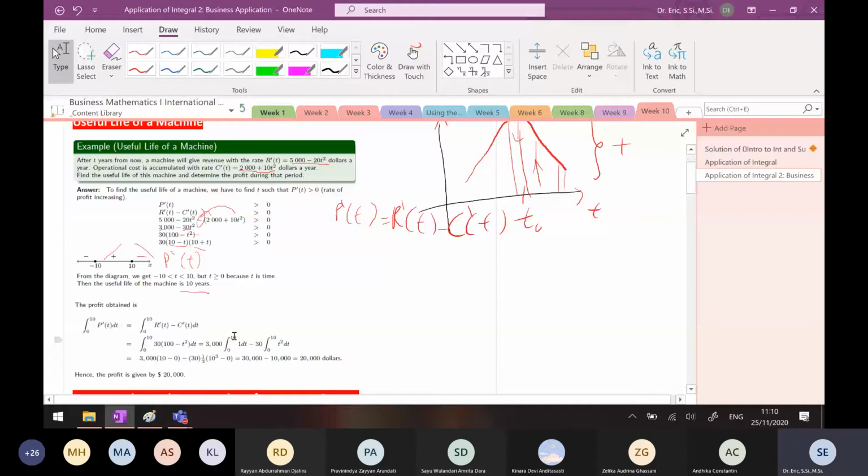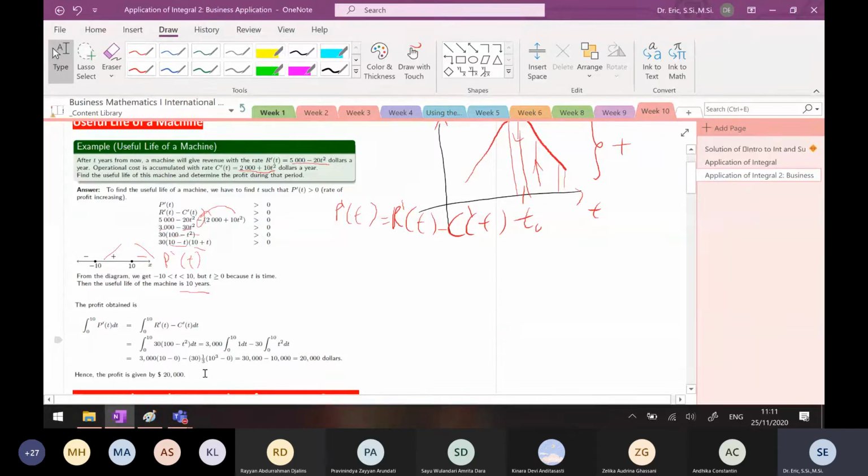So you have 10 minus 0, minus 30 times the antiderivative of t squared, which is 1/3 t cubed, evaluated at 10 and 0. So 10 cubed minus 0 cubed. So you have 30,000 minus 10,000, so you have $20,000. Hence, the profit is given by $20,000.